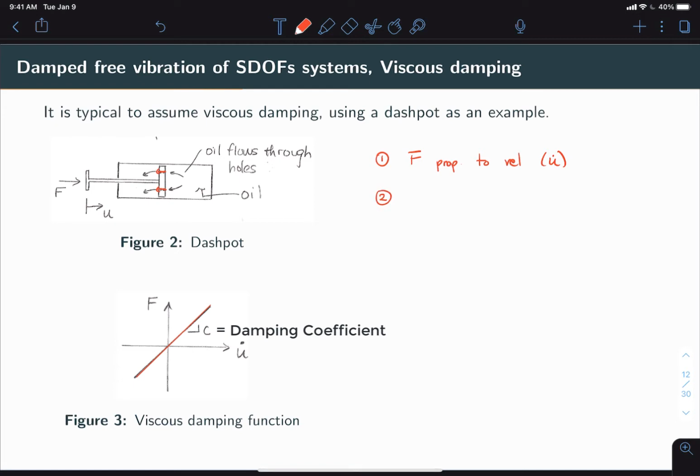This then leads to a linear ODE, or EOM, which is rather convenient because that's all we know how to solve right now. And it also produces a constant natural frequency, which we will call the damped natural frequency. Note that this will be slightly different in value than the natural frequency for the undamped case.